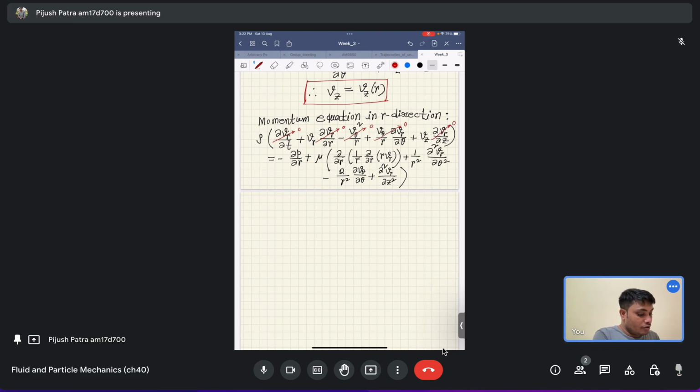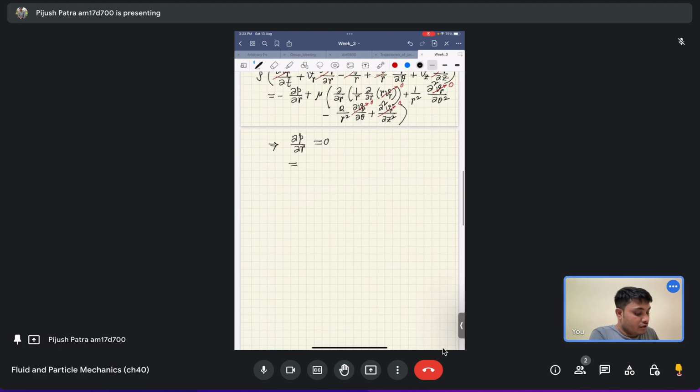What about this? So we don't know anything about dou p dou r so far. Here Vr is 0, this term is also 0, this term is also 0. That means what I am getting essentially from here is that dou p dou r is equal to 0.